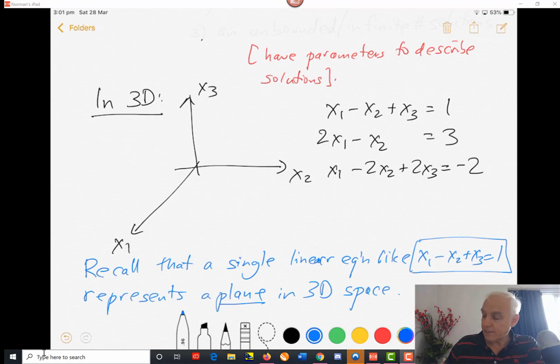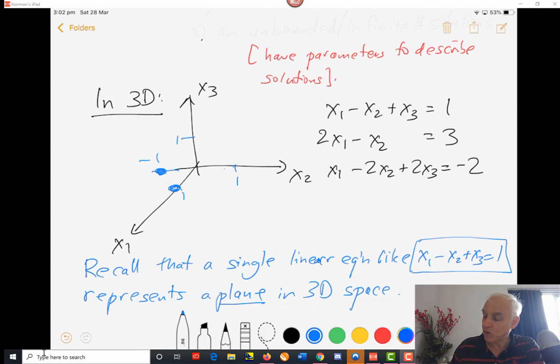Well, one easy way is to look at the x1, x2, and x3 intercepts. When x2 and x3 are 0, then x1 has to be 1, so that would be a point on the plane. If x1 and x3 are 0, then x2 would have to be minus 1. So let's put some scale here. There's minus 1, so that would be another point on the plane.